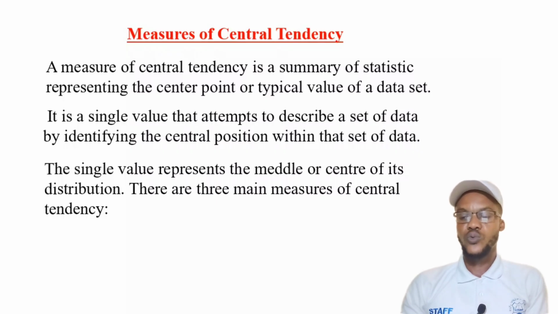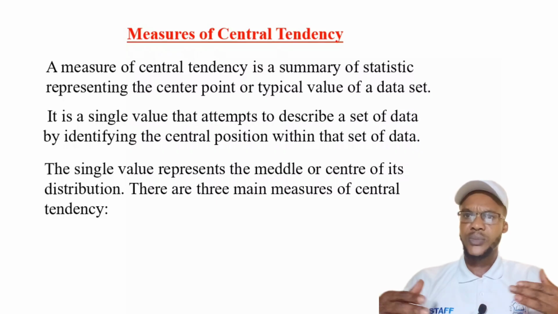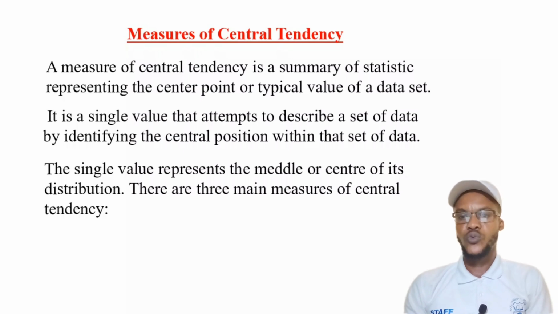We are going to go through how to find the mean, the median, and the mode when you are given raw data, and also to find these three measures of central tendency when you are given a frequency distribution table. We shall take them one after the other.